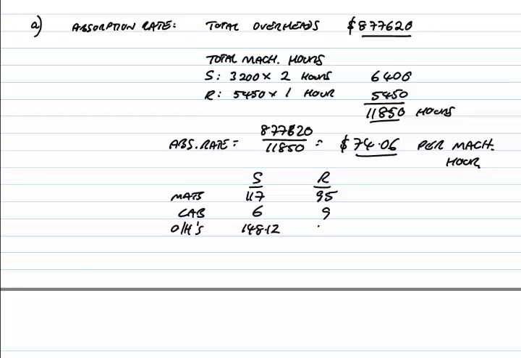Product R, 1 hour, 74.06. And so the total, or the full cost, for S, 117, 6, 148.12, is 271.12. And for R, 178.06.